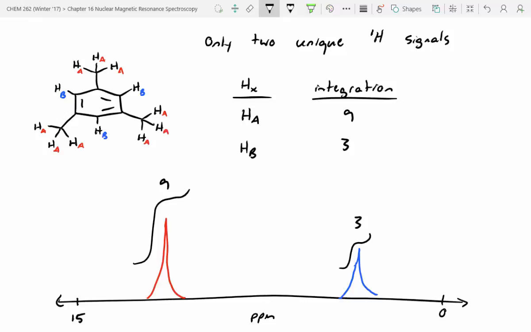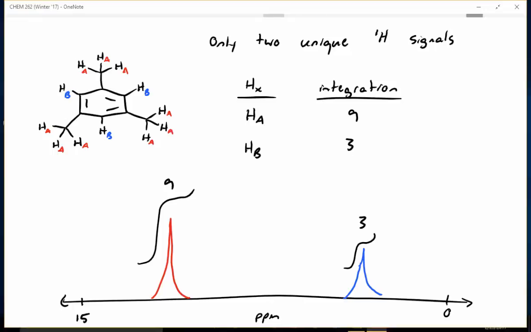All right. Unfortunately, NMRs aren't as simple as this. Right now, we've been seeing NMRs where you only have nice, plain old vanilla peaks. The reality is, in NMR spectra, you oftentimes get what's referred to as peak splitting. So let's talk about that.